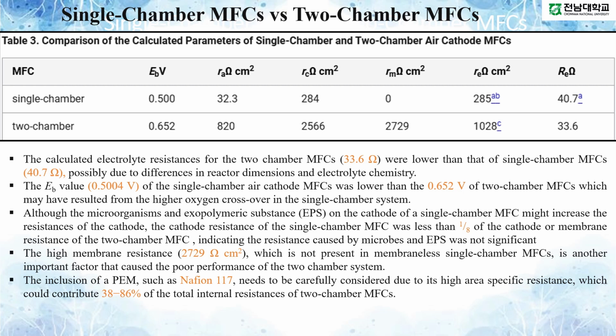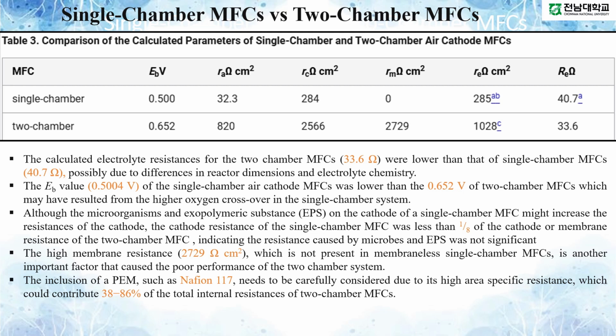The high membrane resistance, 2,729 ohm centimeter square, which is not present in membrane-less single-chamber microbial fuel cells, is another important factor that caused the poor performance of the two-chamber system. The inclusion of a PEM, such as Nafion-117, needs to be carefully considered due to its high area-specific resistance, which could contribute 38 to 86% of the total internal resistances of two-chamber microbial fuel cells.